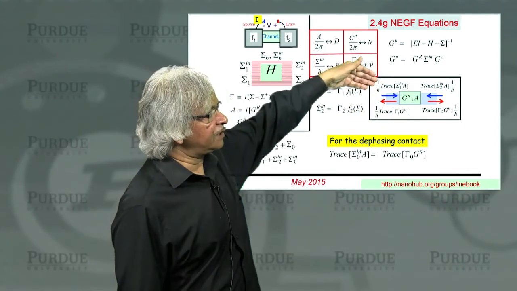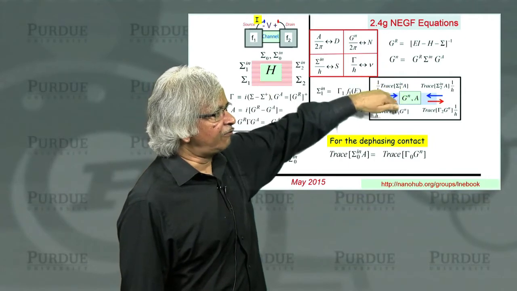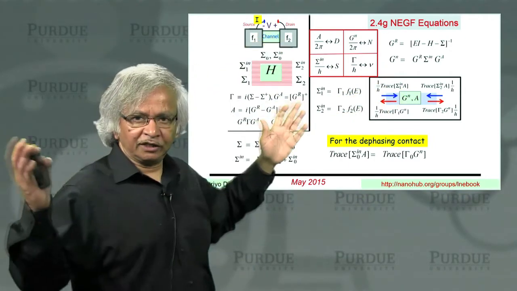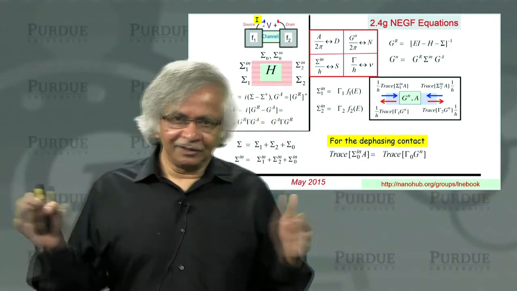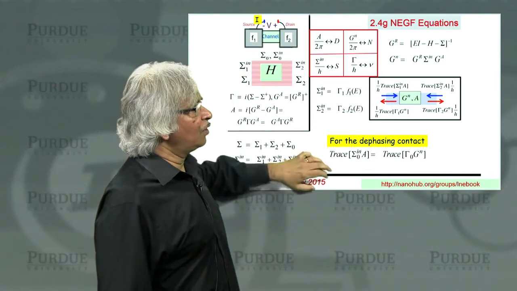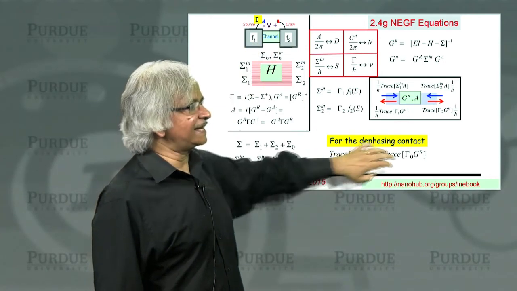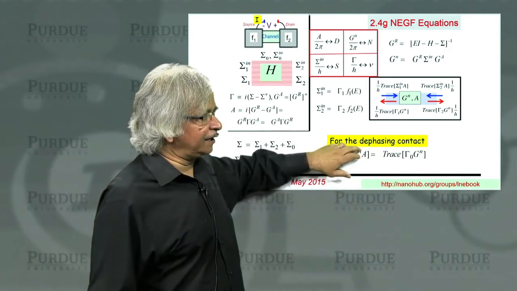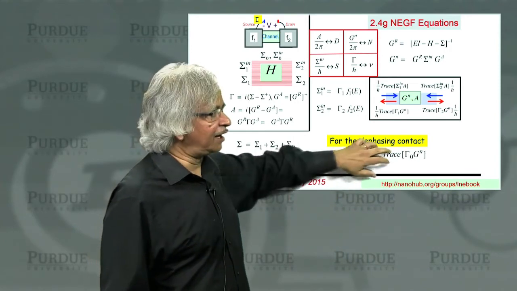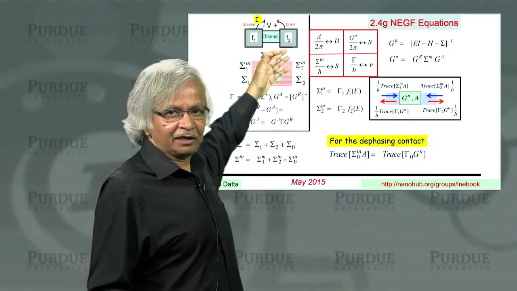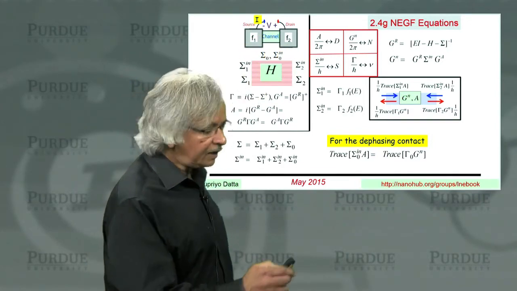So you could have 10 electrons per second come in and 5 leave. But in this conceptual contact, it's floating. Electrons have no place to go. In the sense, there is no real contact there. And so whatever the inflow must exactly balance the outflow. And there is no net current, because if they were unequal, there would be a net current. And the point is there's no place for that net current to be flowing.